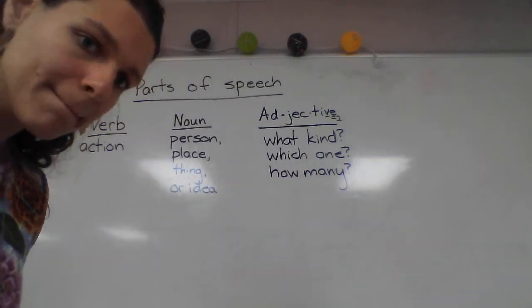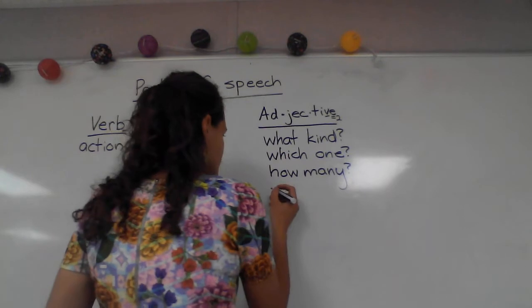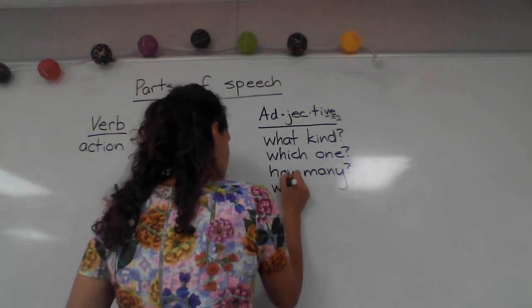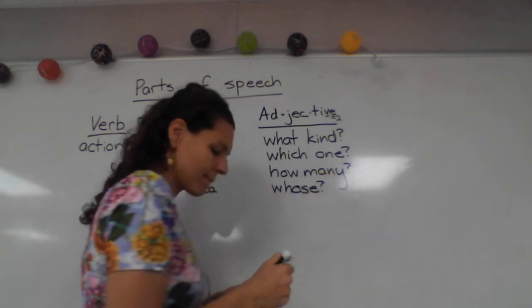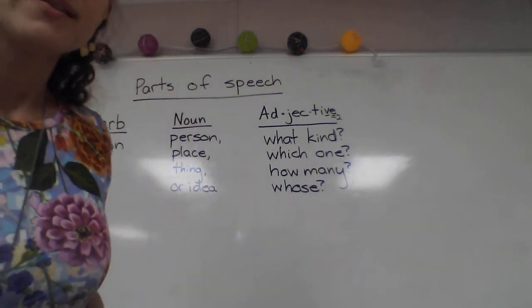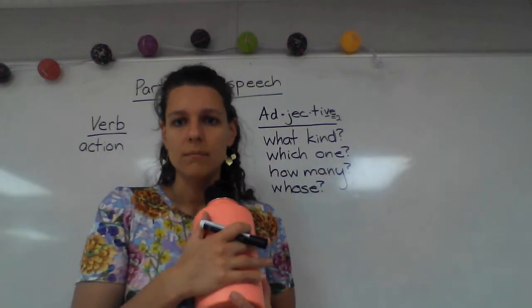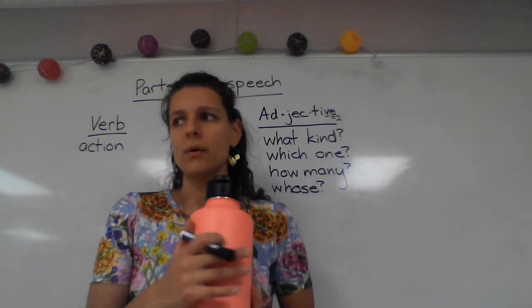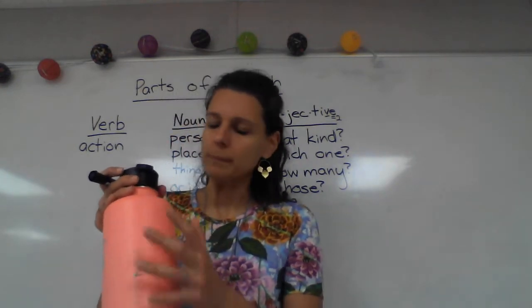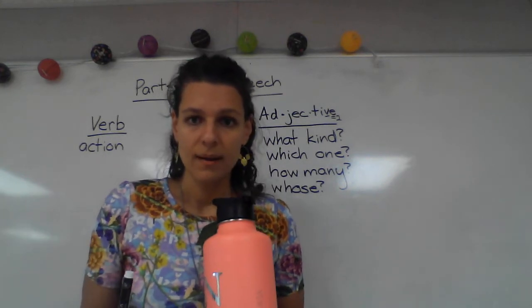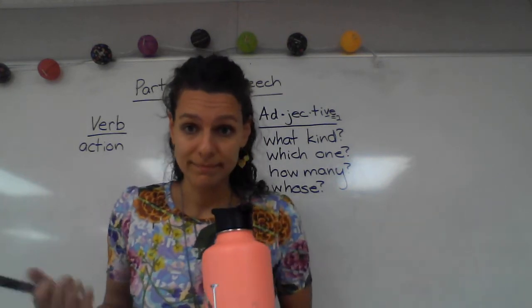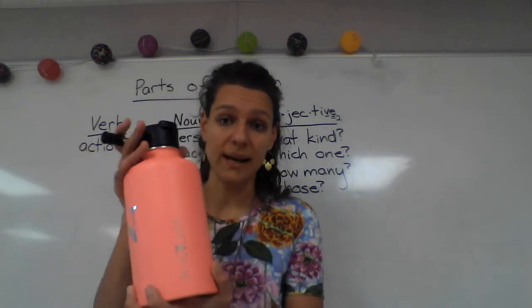So how many? And the last question that our adjectives can answer is whose. All right, so I could say my bottle. Or you might say Mrs. Noah's bottle. I could say it's her bottle. It's their bottle. Maybe they share a water bottle sometimes.